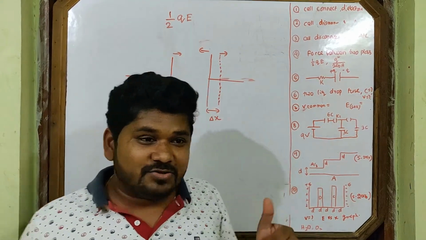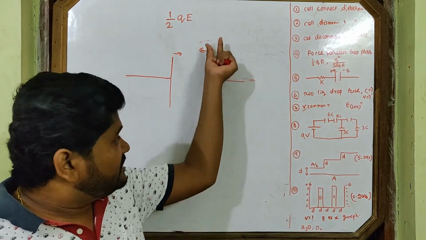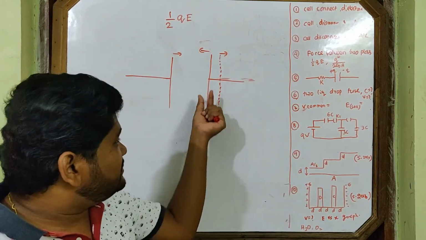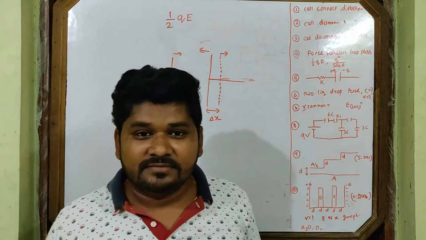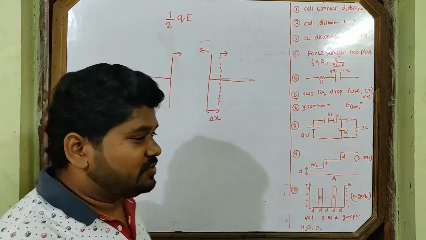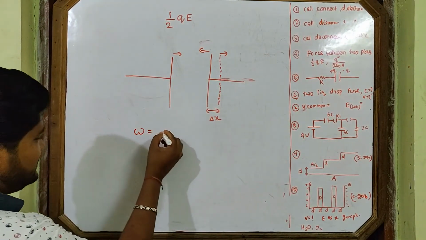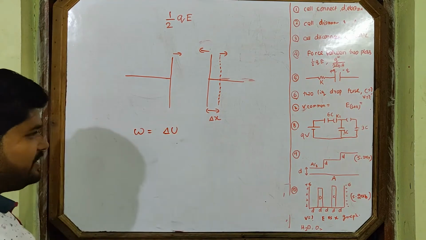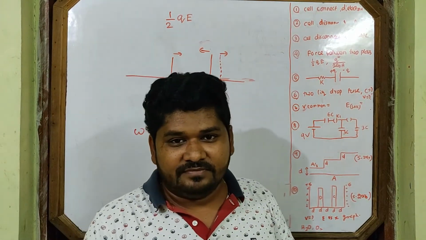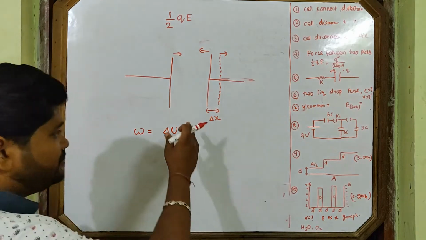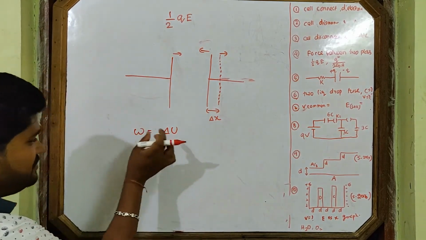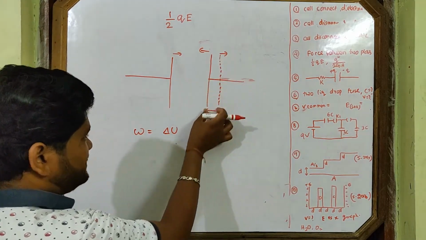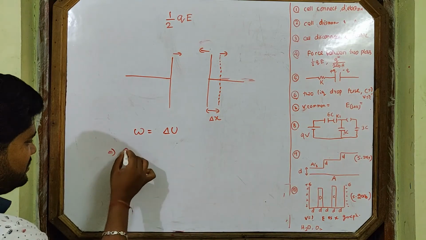Means your extra energy is stored here, in the space you made. There the energy is stored. So work done is equal to change in potential energy. How much work you have done, that energy is stored here in the space you made. So what is the work done?